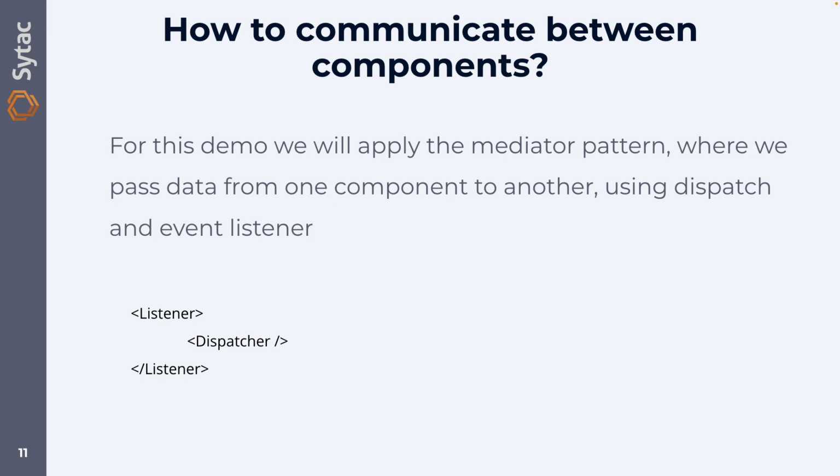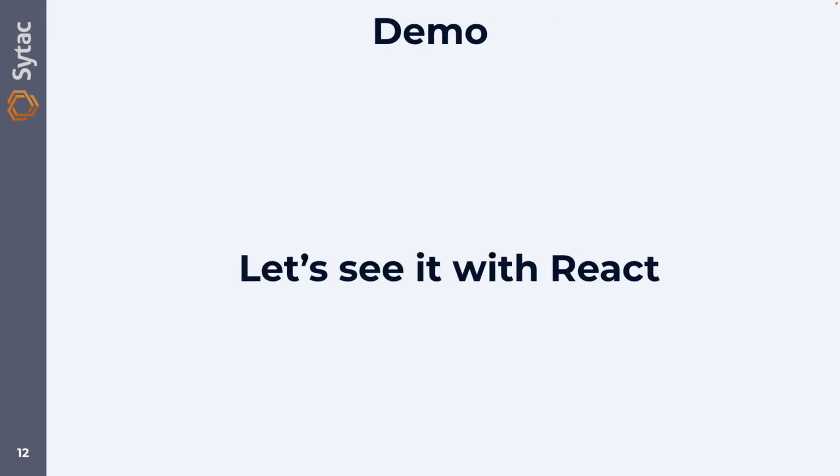But something cool about Lit is that they define the listeners with only setting the at sign and then the name of the event: at click, for example, or at mouseover. So you don't have to write all this amount of lines of code and set all those things. This makes it super easy.